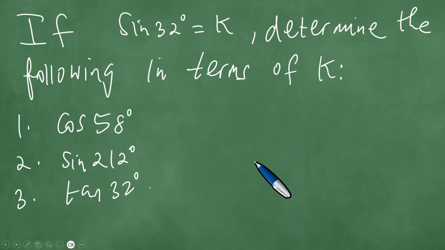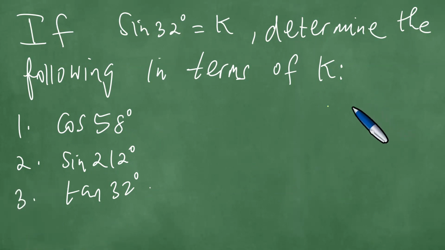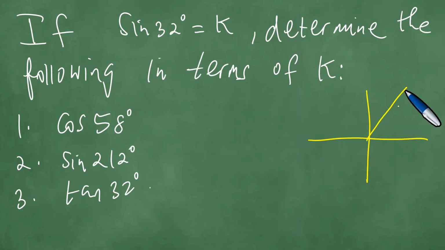Okay, let's look at this. What do we do here? So I'm going to consider the diagram here. 32 degrees is an angle that is somewhere here.